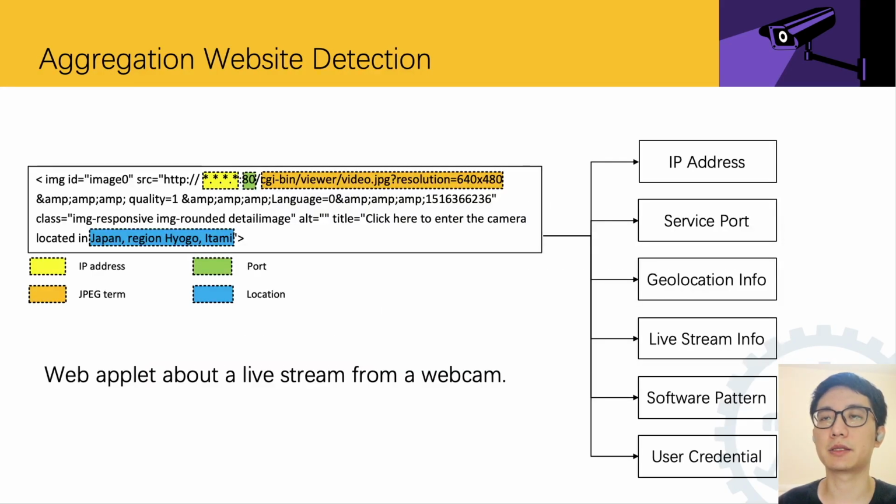This is an example of extracted web applet information. A series of information can be obtained by accurately locating, including but not limited to IP addresses, server ports, geolocation info, and more.